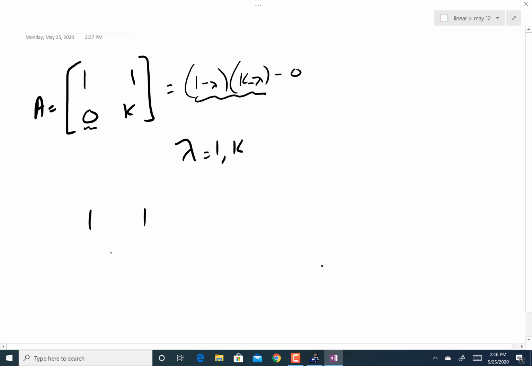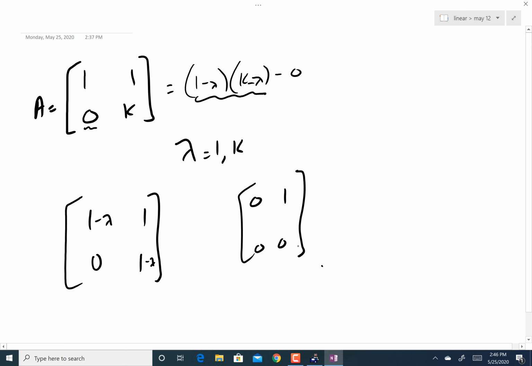Think about this. If you did this 1, 1, 0, 1, and you did minus lambda, what would you get? Well, if you put in the 1s, you would get 0, 1, 0, 0, I believe. Is that right? Yep.